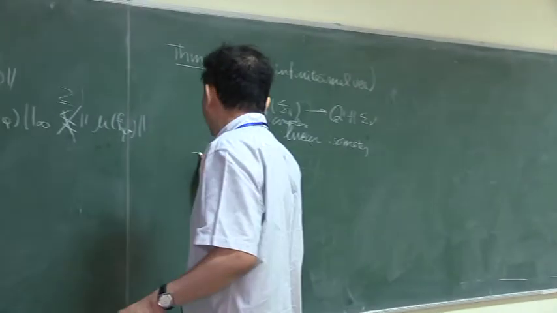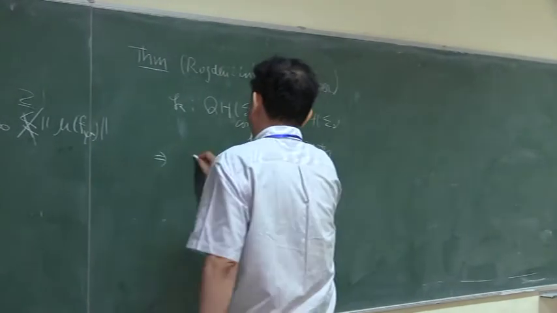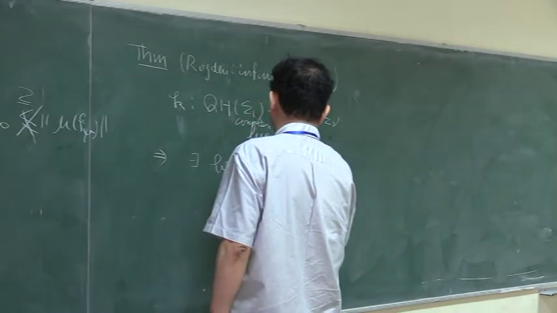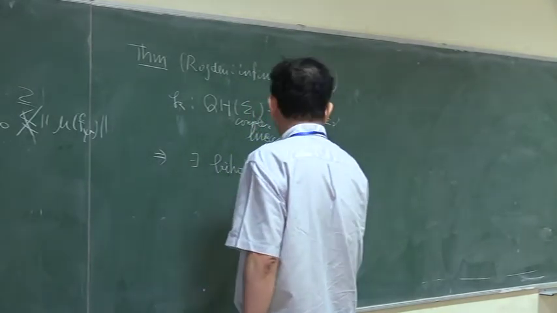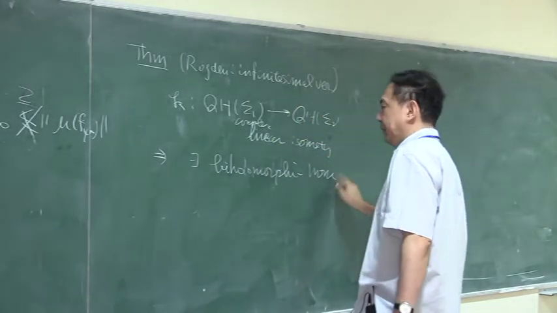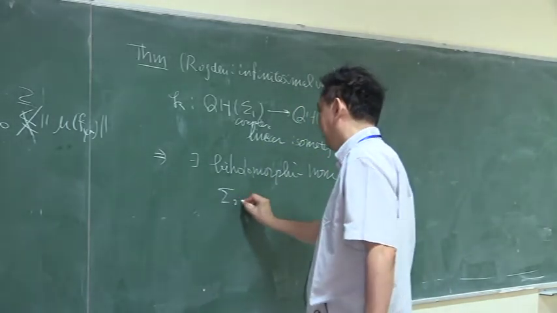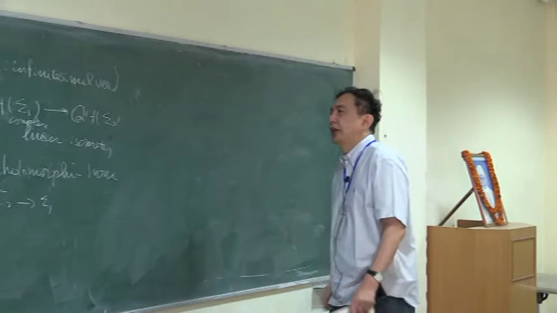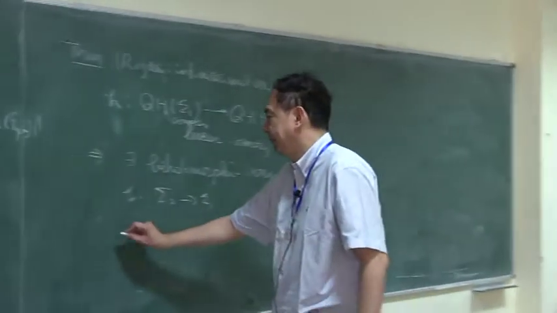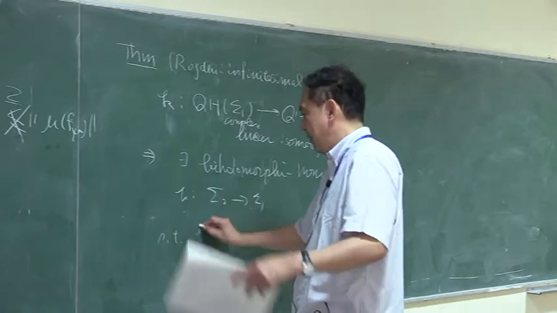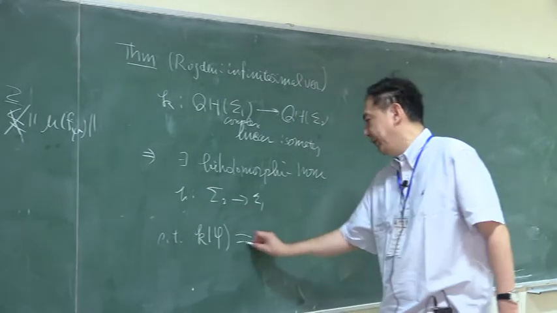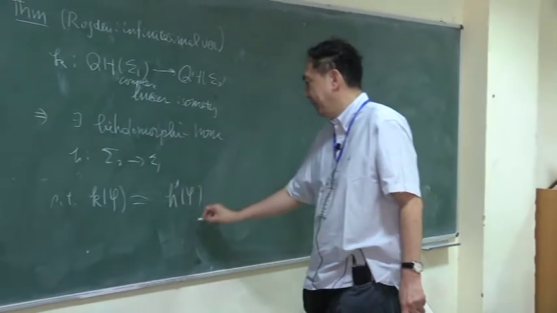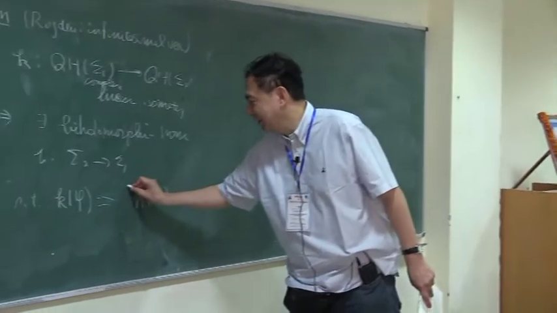And then what I wrote is that there exists a biholomorphic map, a holomorphic homeomorphism from sigma 2 to sigma 1, which should be written by H, such that K f of phi is always equal to the, I wrote something like this, but I forgot to put the constant here.